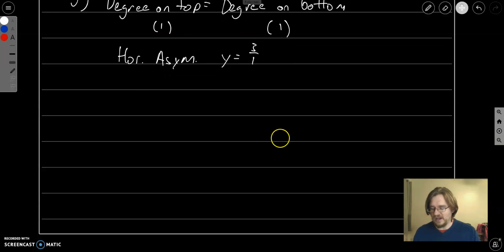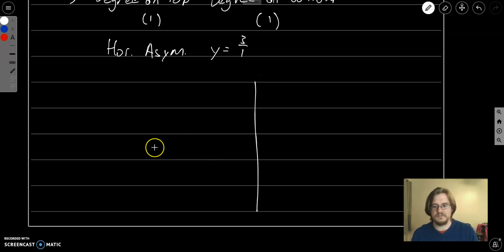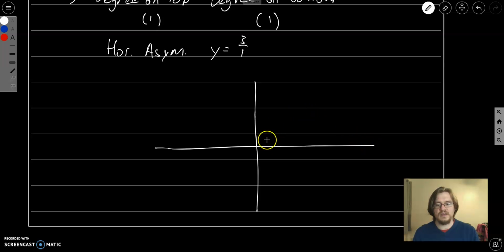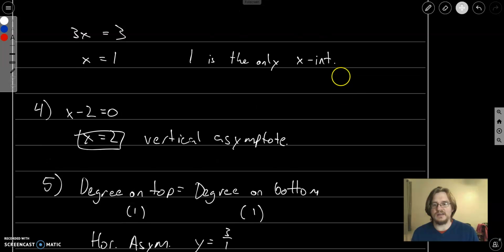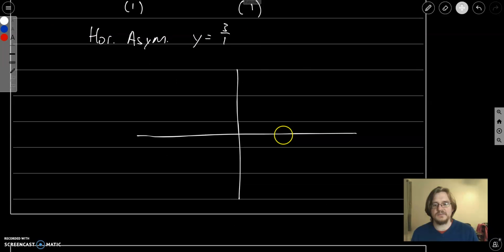And then we want to plot a point between the x-intercepts and vertical asymptotes. So let's start plotting this as best as we can. So we know that we have a y-intercept at 3/2. So if I go 1, 2, 3, 3/2 is 1.5. So there's my y-intercept.